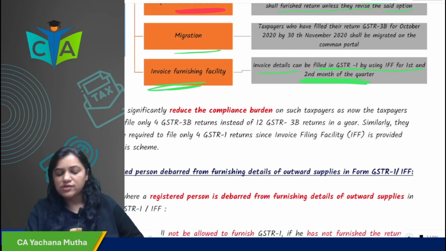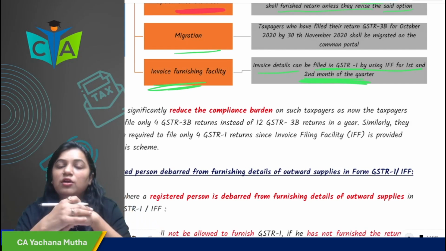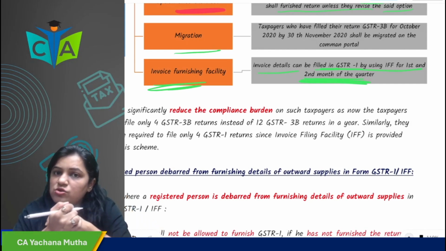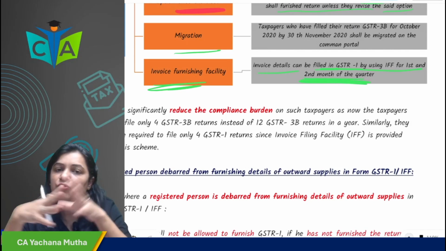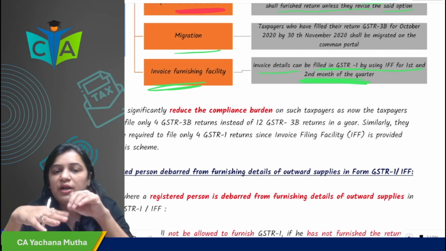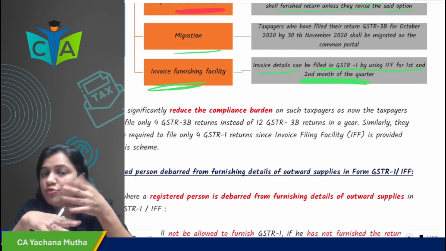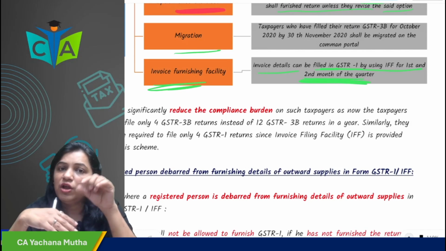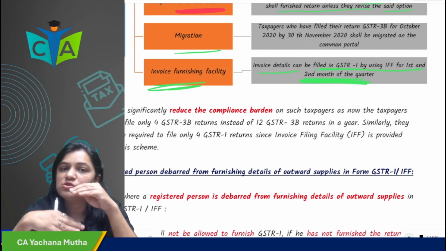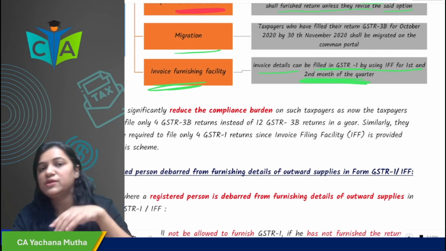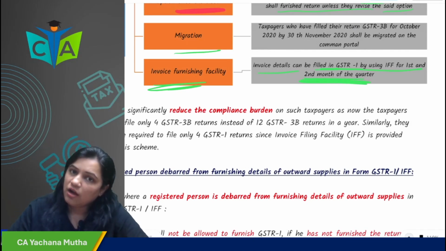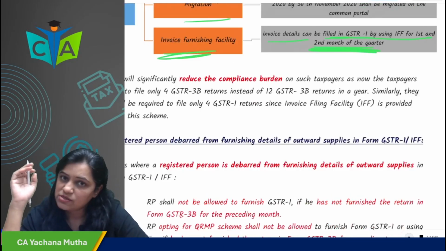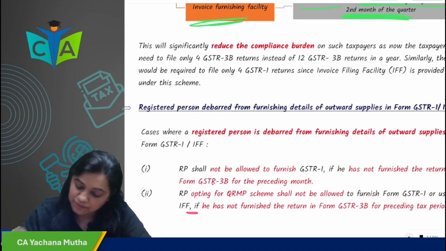You can furnish invoices using IFF because the other party has to take the credit. Definitely you will file GSTR-1 quarterly, but if you want, you can file IFF for the first and second month. IFF is the invoice furnishing facility, on the basis of which you furnish the invoices, and the other person can take the credit.